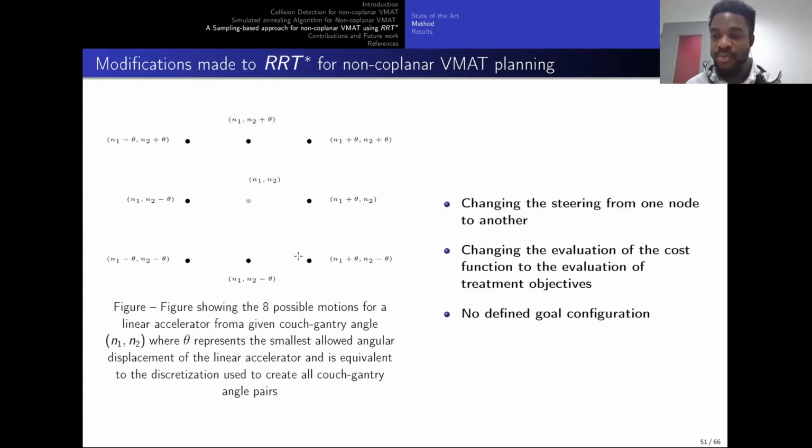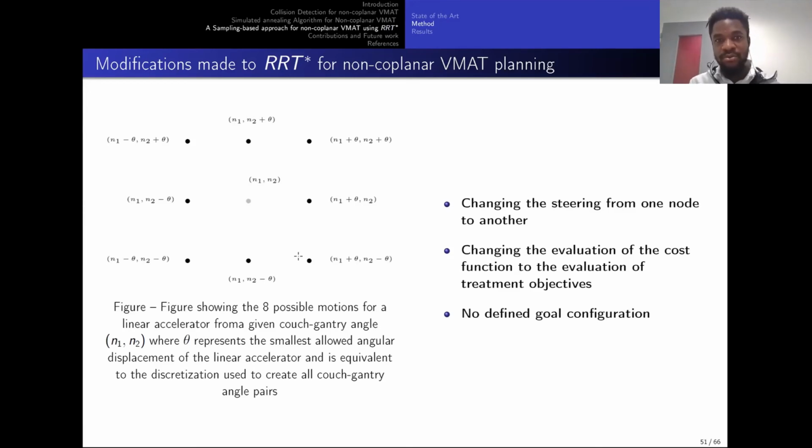We also wanted to point out some of the modifications that we have made to the RRT star for our treatment planning. For example, we changed the steering method, the steering from one configuration to the other. Typically, in robotics trajectory planning, you have a steer function that uses maybe the geometric model of the robot.